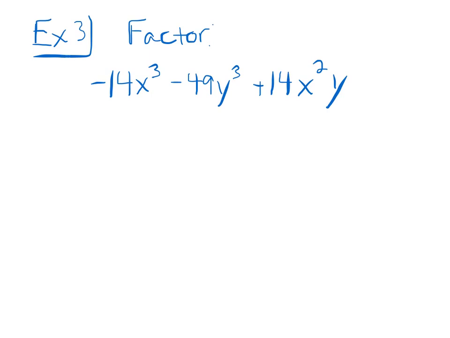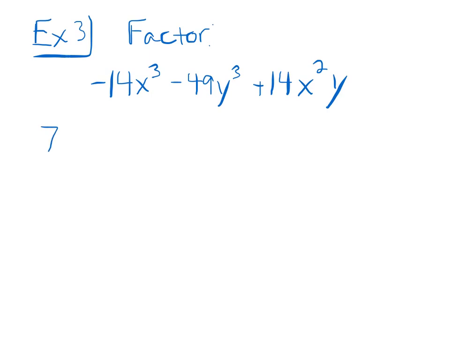So my question is, does 14 go into 49 evenly? You can do 49 divided by 14, or you can just do 14 plus 14 would be 28, plus another 14 would be 42. So no, 14 will not go into 49 evenly. Therefore the GCF of the numbers would be 7.